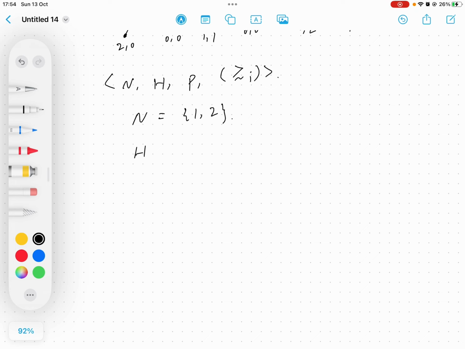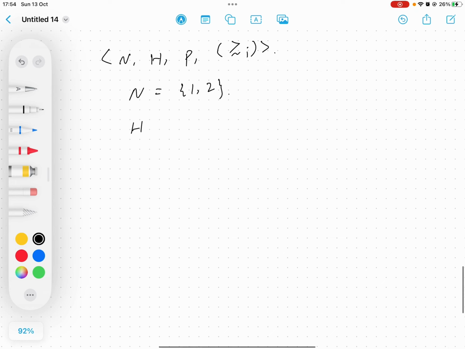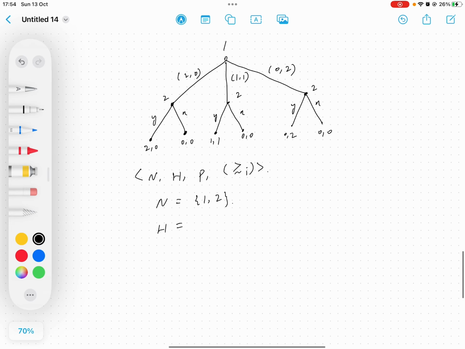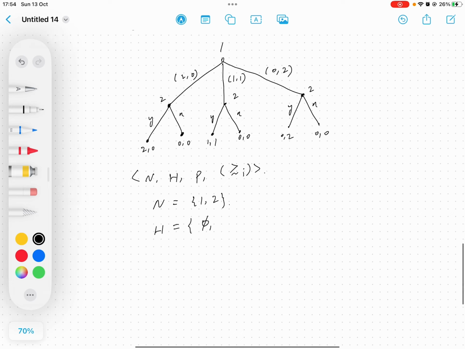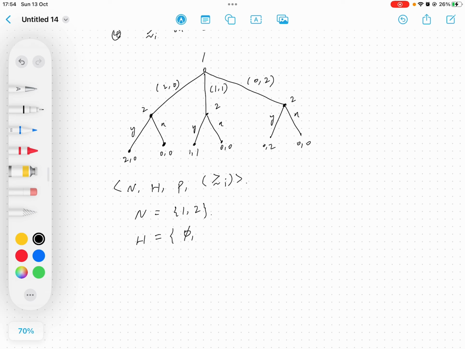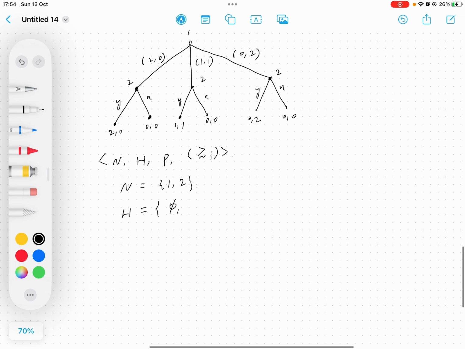H actually has a lot of histories. The first must be the empty history, don't forget about that. So empty is also a history of the game, which denotes the start of the game.